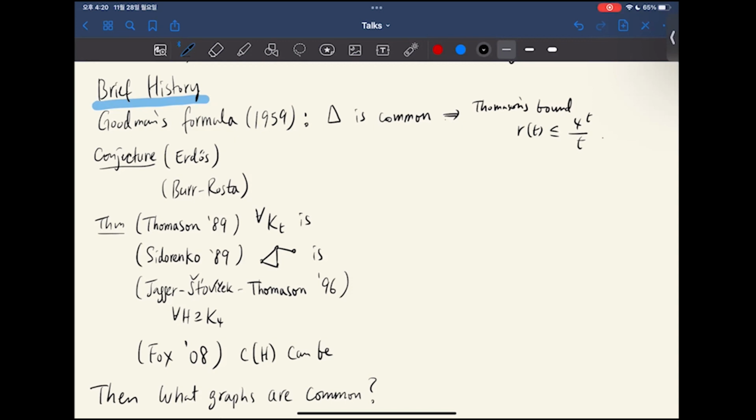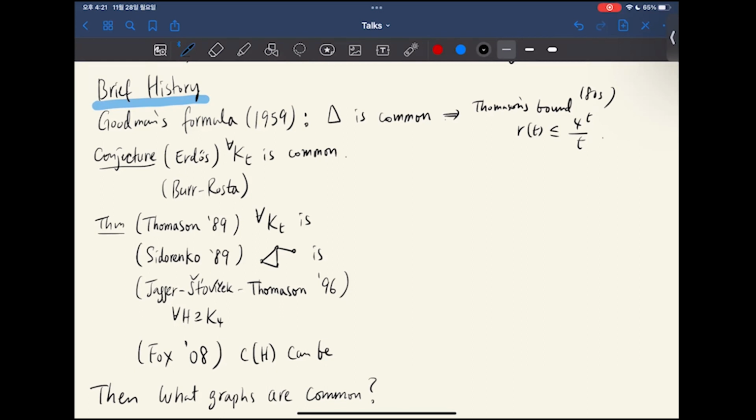But having seen these examples, so this was only the 80s. Erdős actually wondered if we can refine this commonality of a triangle to cliques, to apply further in the asymptotic estimates of the diagonal Ramsey numbers. So the Erdős conjecture here states that every Kt is common. Here Kt means, of course, a complete graph on t vertices.